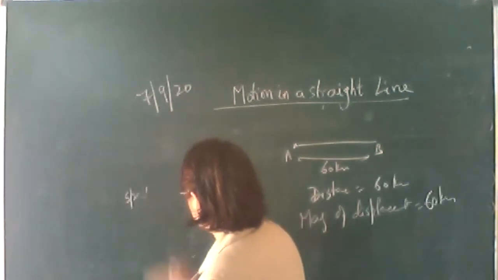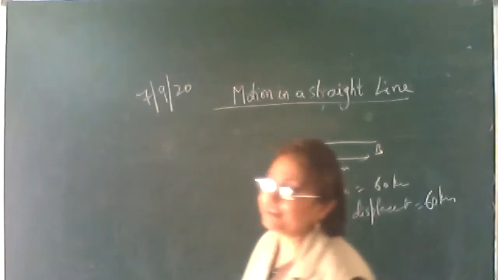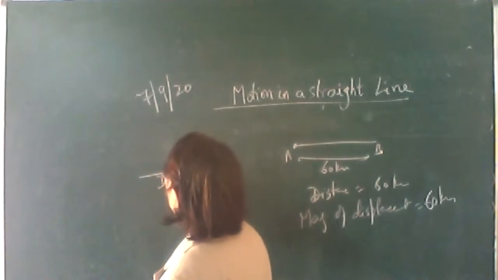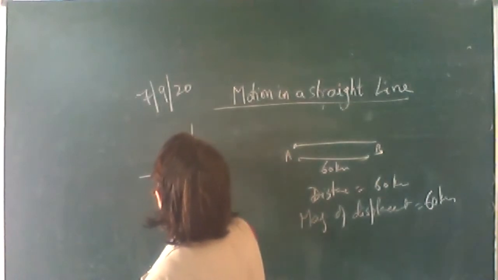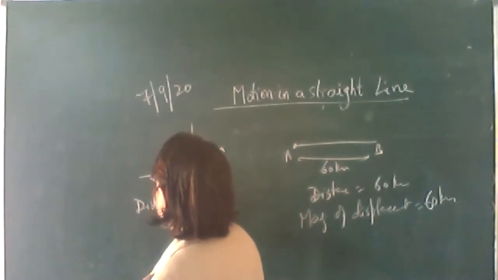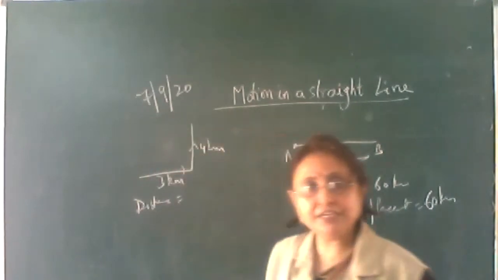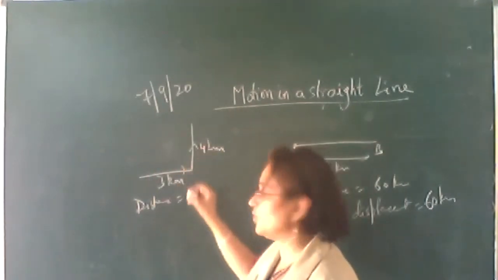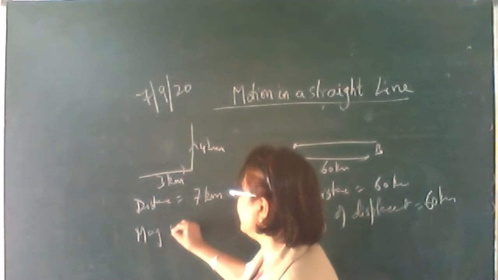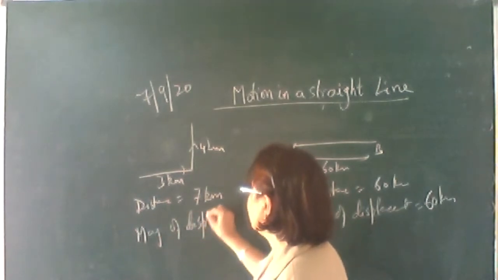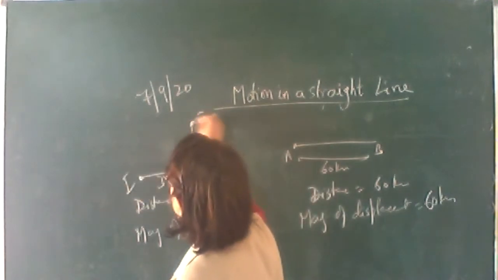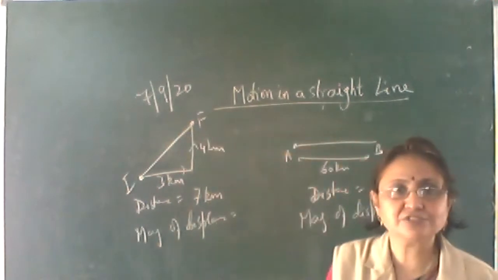Now you also have to show that the magnitude of displacement is less than the distance traveled. Let it travel 3 kilometers along this direction and 4 kilometers along this direction. So the distance traveled is 7 kilometers, the total path length. The magnitude of displacement is the shortest distance between the initial position and the final position, the straight line.